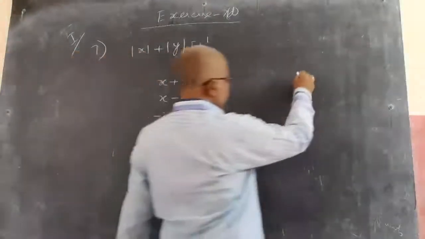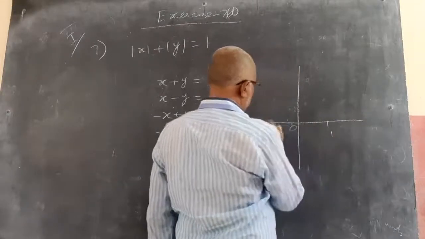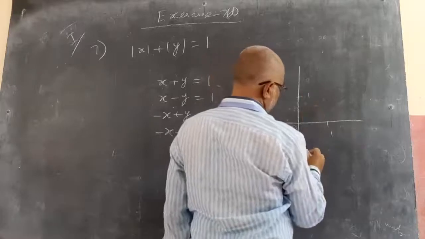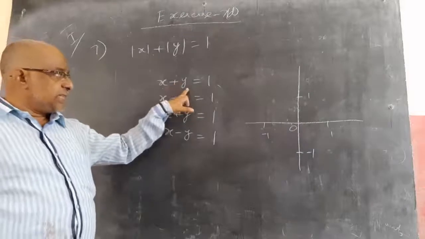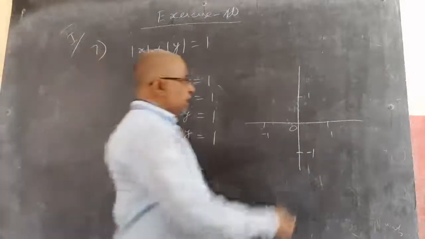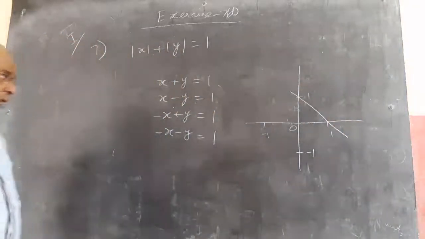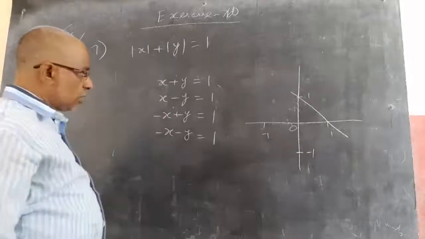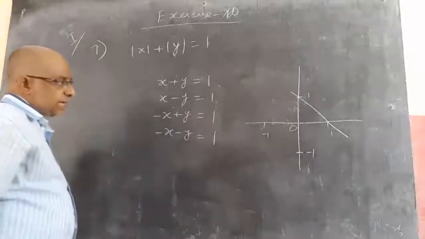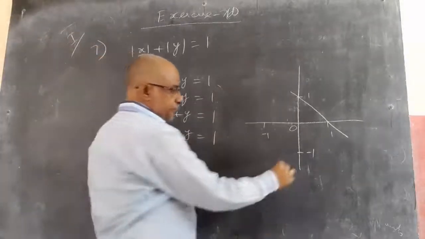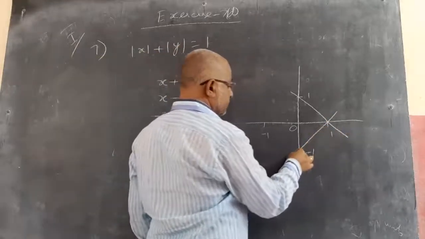Now if you draw the sketch, how will it be? Take the axes with 0, 1, minus 1, plus 1, minus 1. For the first graph, if y is 0, x is 1, and if x is 0, y is 1: the points 0 comma 1 and 1 comma 0, so the line will be like this. For the second, x is 0, y is minus 1, and y is 0, x is plus 1, so this is the line.